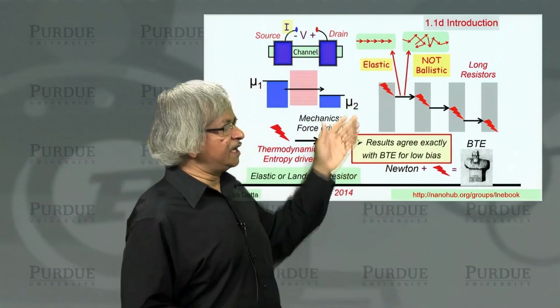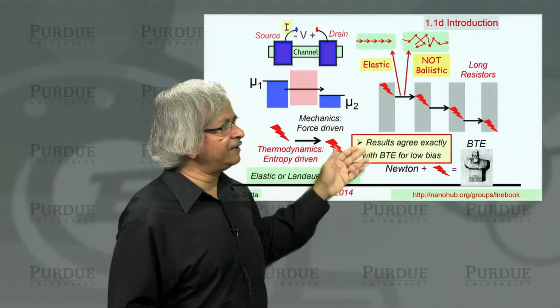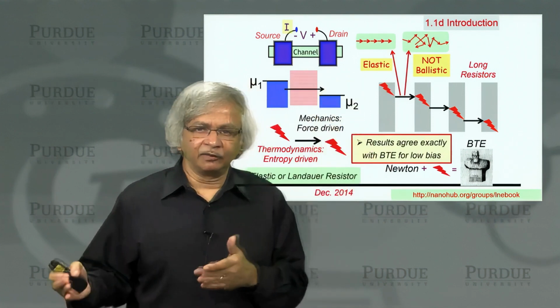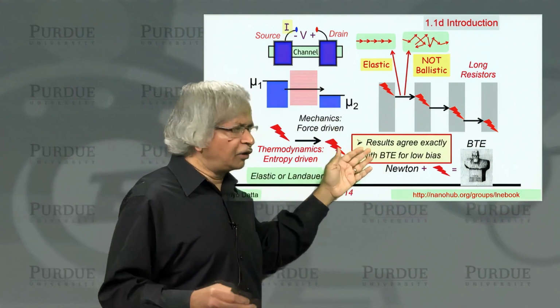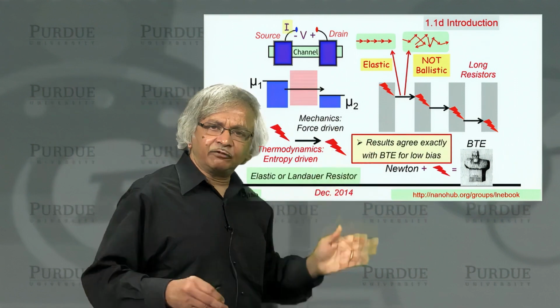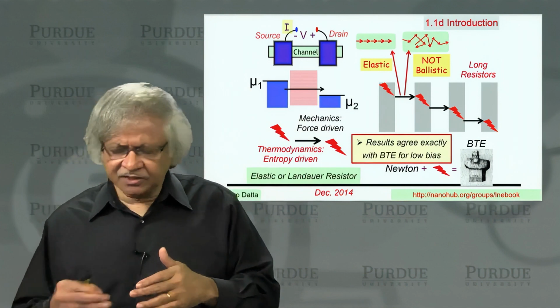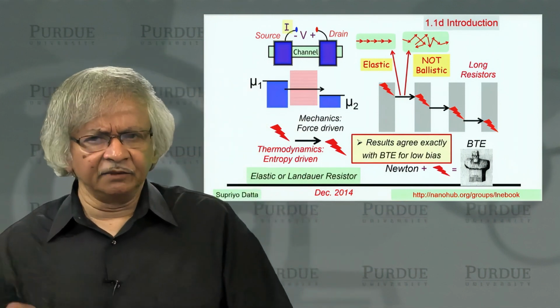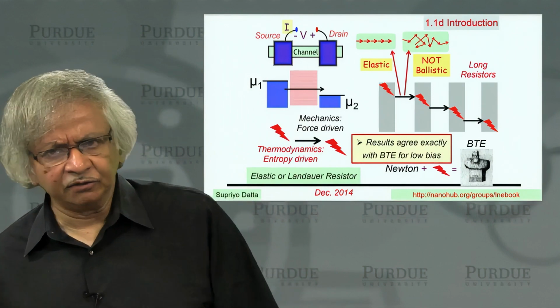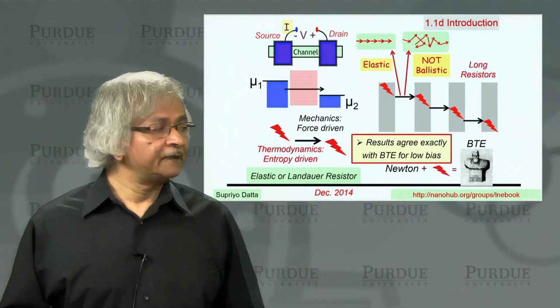And what you'll see is the results we get agree exactly with what you'd get from a more rigorous theory, which are well known from the Boltzmann equation, for low bias. And for high bias, they still give you a nice physical picture on how to think about it. And that's something we'll talk about in the next unit of the course a little bit.